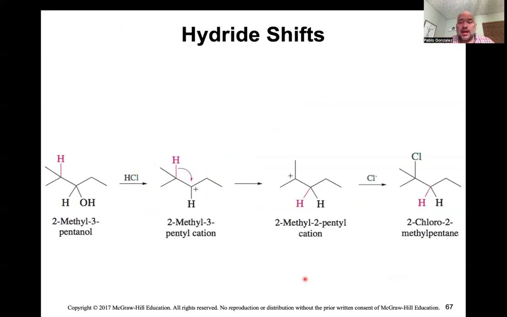Also, we can have the hydride shift. It's called hydride because in this case, we're attacking this positive charge, which is an electrophile, with a nucleophile. So this hydrogen should have two electrons, okay? And those two electrons are the electrons that they were sharing with this carbon.